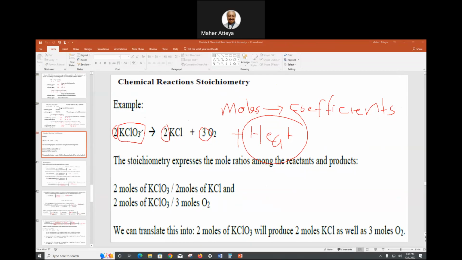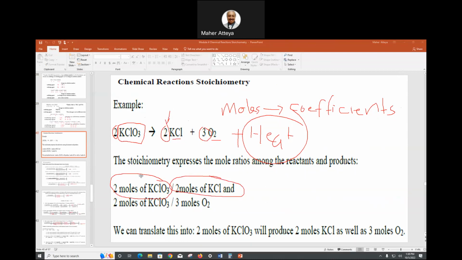So it will decompose, correct, to give you 2 moles of, what is this? Potassium chloride, and 3 moles of oxygen gas, correct? So this is the ratio here. I have 2 moles of the reactant, potassium chlorate, to 2 moles of potassium chloride.